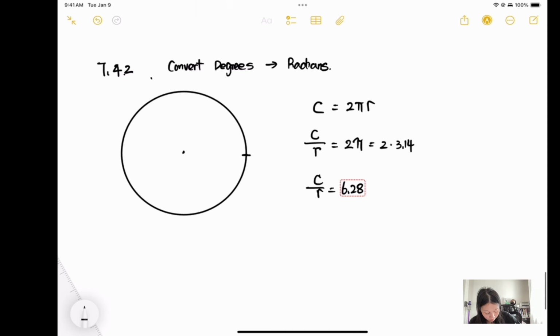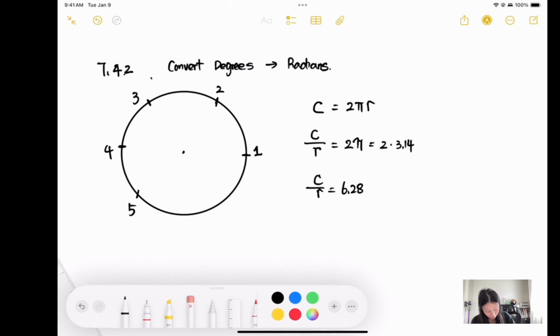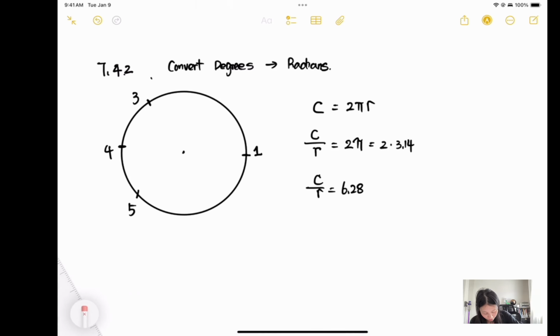So now we have the first, and then we divide another one, the second, third, 4, 5. I need to spread out a little bit more since this is a bigger circle.